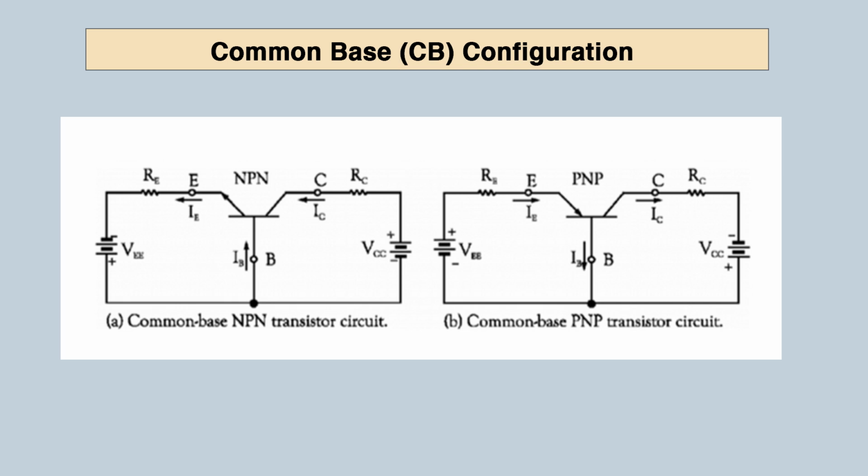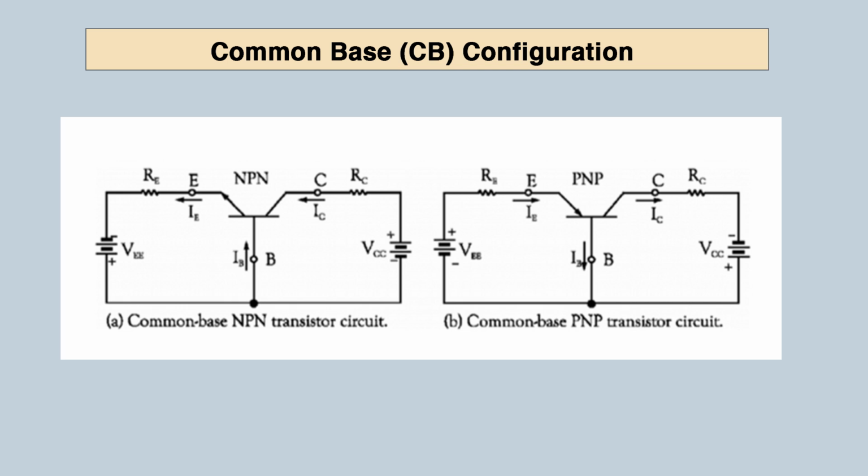Here we can see that in the first figure, negative potential is applied across the N-type emitter and the base is provided with the positive terminal. Hence, the emitter base junction here is in the forward bias condition, while the collector, that is of N type, is provided with a positive terminal and the base is provided with a negative terminal.